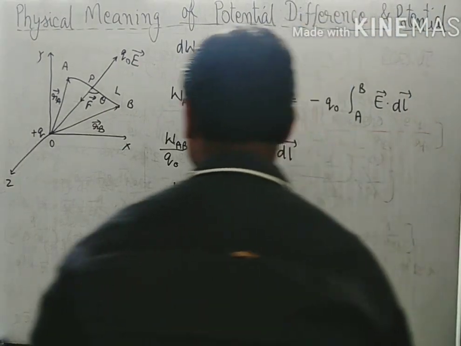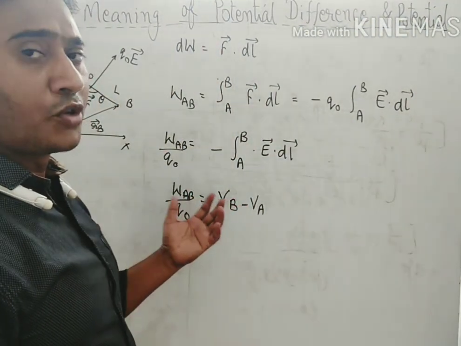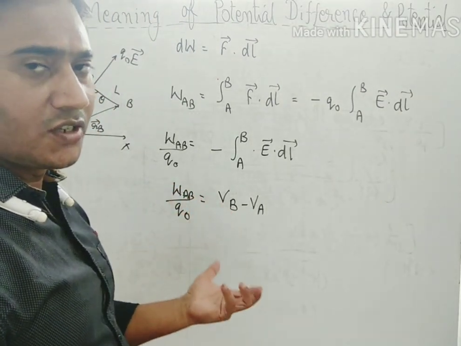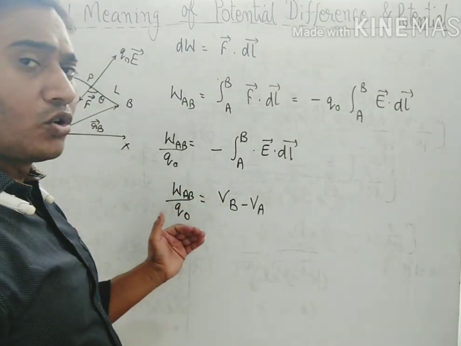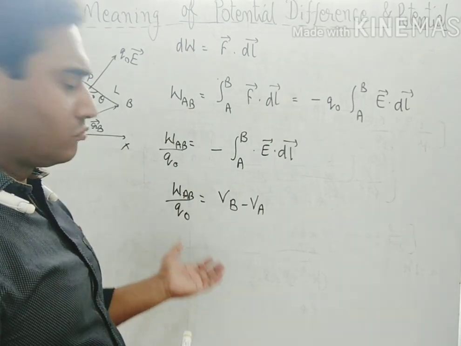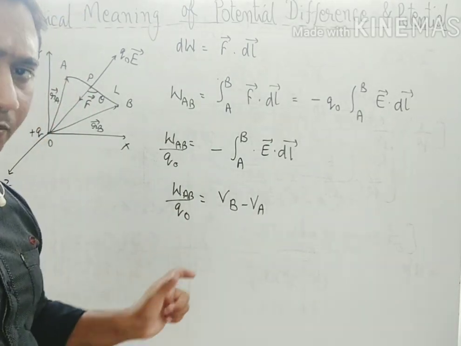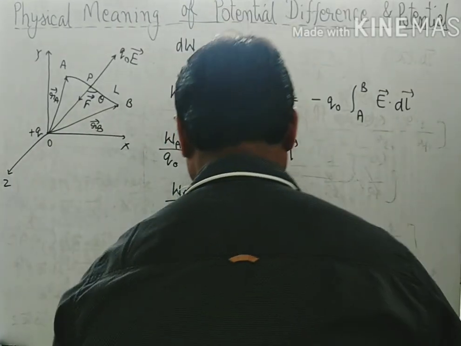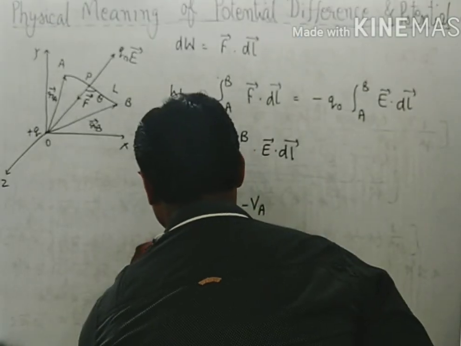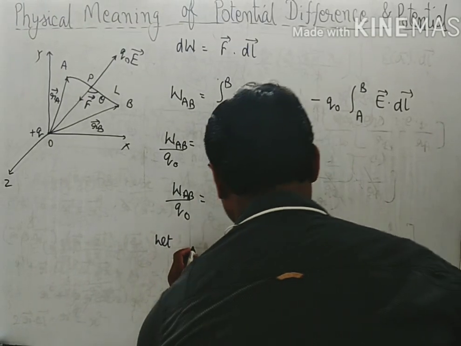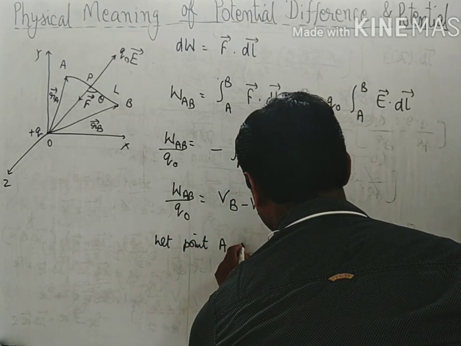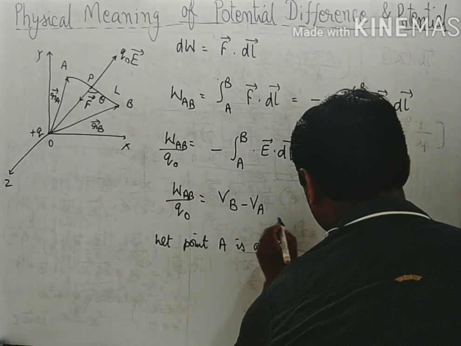So this is the electrostatic potential difference between 2 points in the electrostatic field. Now moving ahead, being more specific about potential, 1 point will be taken at infinity where potential is 0. So this way, later on, just removing the subscript B, we can have the general equation of potential with us. So here, let point A be at infinity.